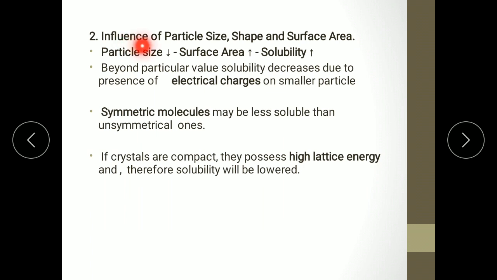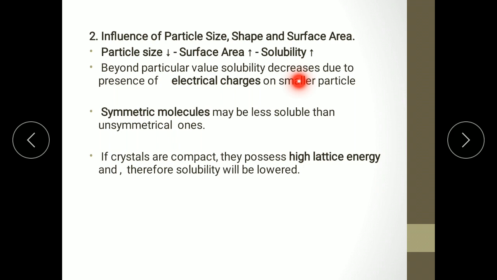Now the second point is the influence of particle size, shape and surface area. Suppose particle size decreases, it will increase the surface area. You know, if surface area increases, it leads to more contact of solvent with solute molecules and increases the solubility.